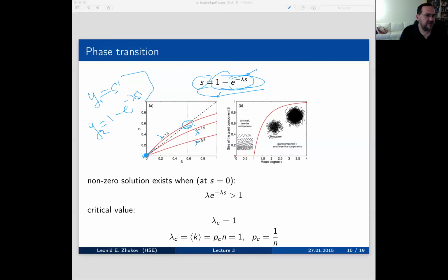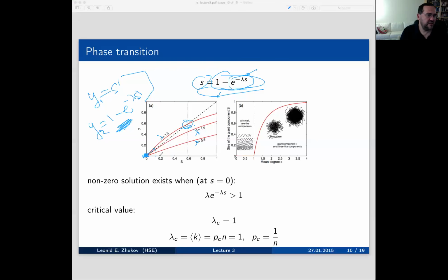And the answer is yes, we can. If we look at this picture, you will see that this non-zero solution will exist only when the second curve starts at the origin steeper than the diagonal line.